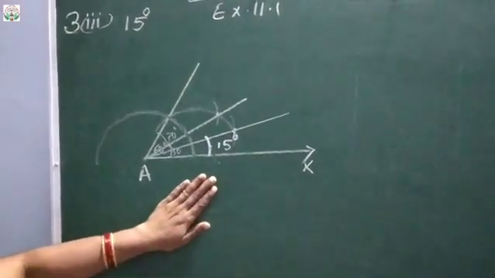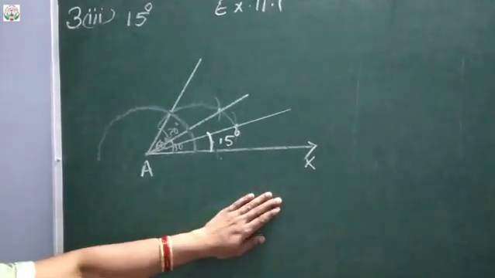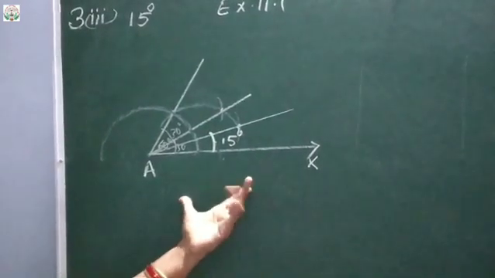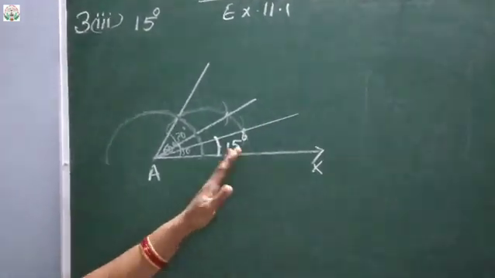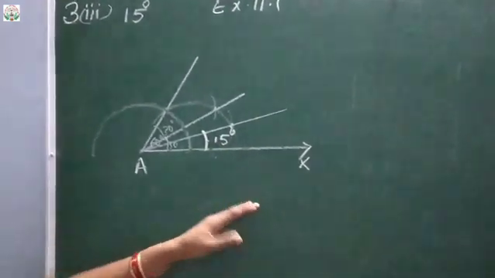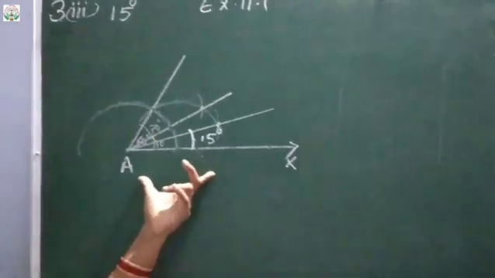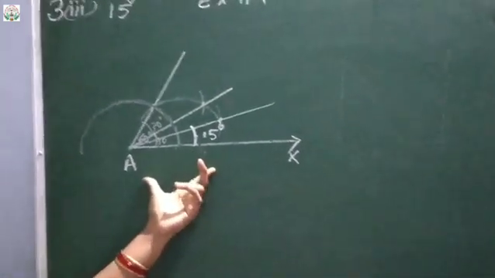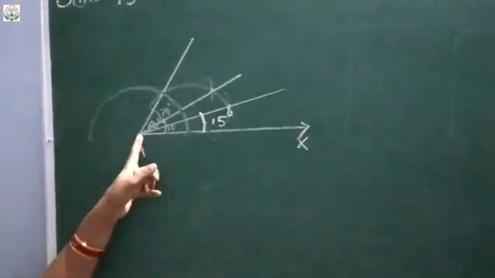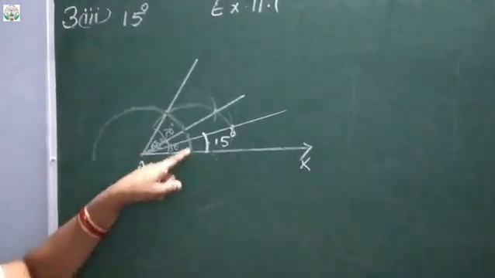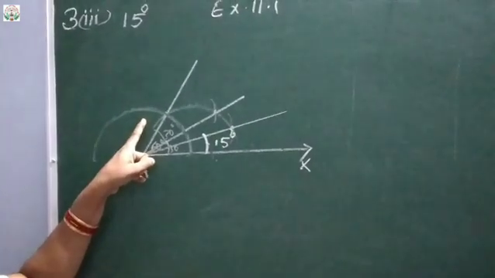Now the steps of construction, write on your own. Everything you did, you have to write stepwise. For example, I am telling the way how to write. First, take a ray AX. At A, the initial point, make 60 degree.